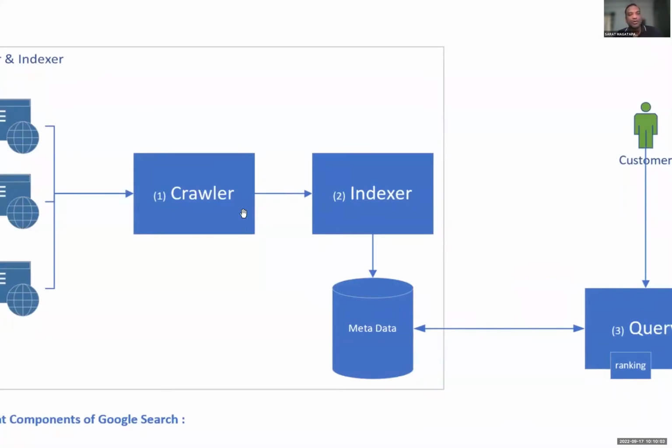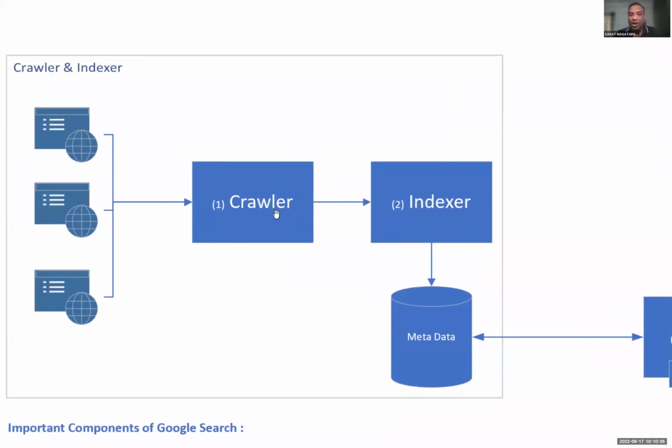The crawler will go to all the websites in the world, or any other data sources we need to consider for search, and get all the content. That's the important intent of the crawler.